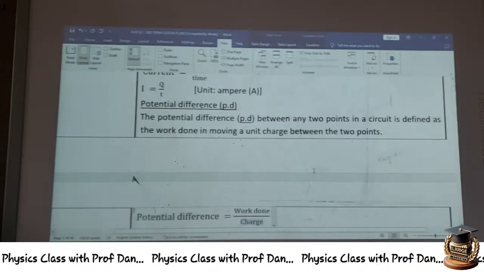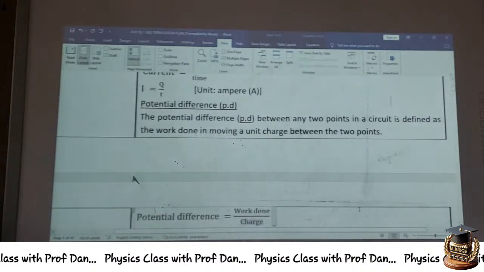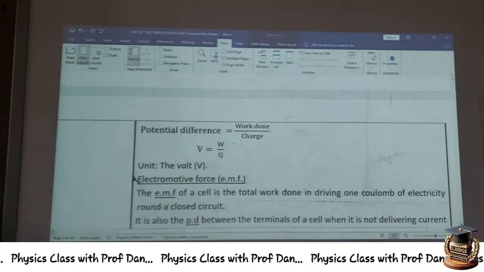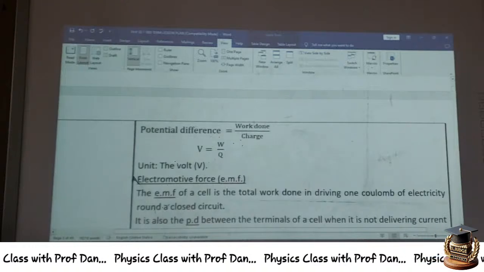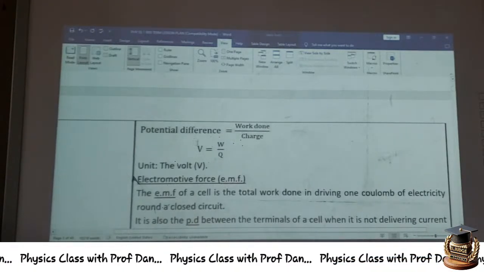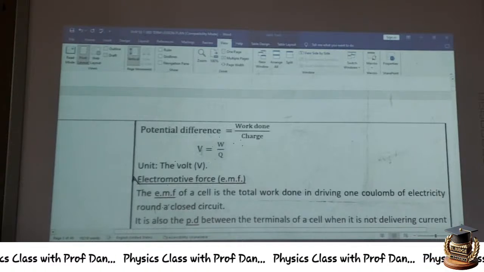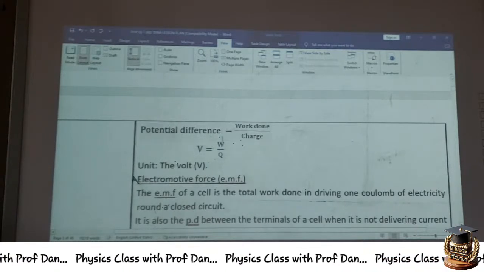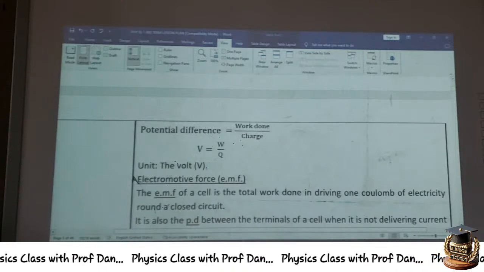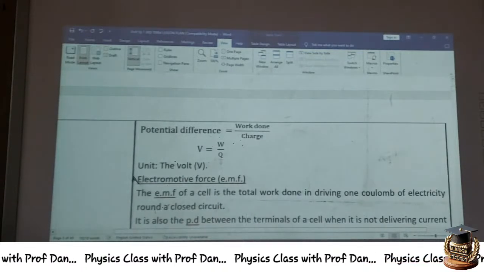The mathematical formula is work done over charge, the work done per unit charge. Potential difference is represented by V, so V equals W over Q. The unit is the volt.